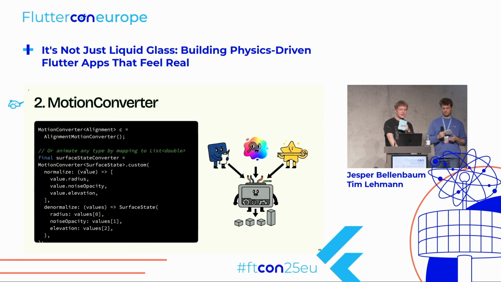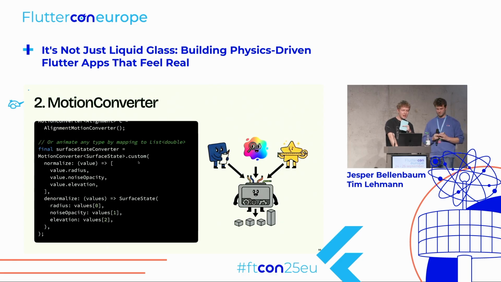But if you, for example, have a state of your button and you want to animate the radius, the opacity, and the elevation, you can provide your own custom motion converter. And all you need to do basically is to normalize your value into a list of doubles and denormalize it from a list of doubles. And then we basically know how many dimensions we need to simulate and in what way we simulate them.